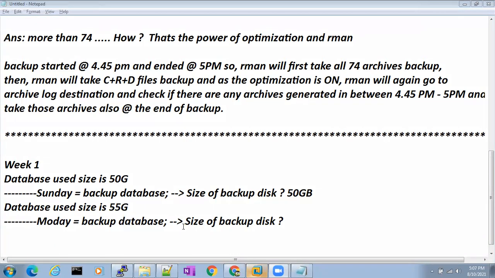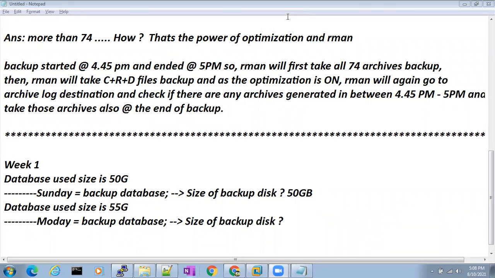Kumar, it will take only 5 GB of the data which is modified, the changed blocks. Okay, I am giving a command called backup database. How much will the size of the backup disk be? Okay, fine. 5 GB. That is your answer. Next goes to Vijay Sarthi.